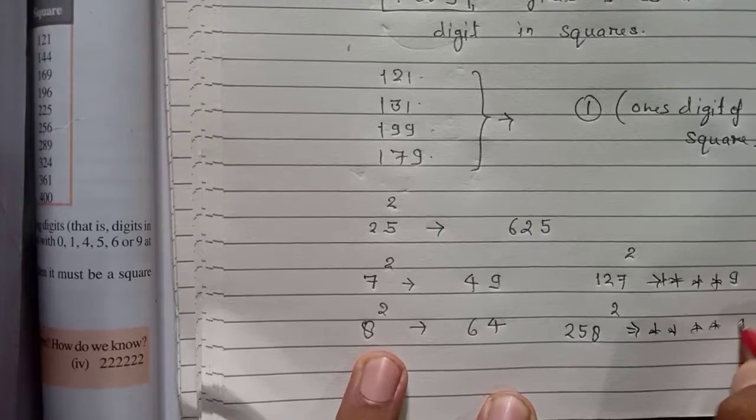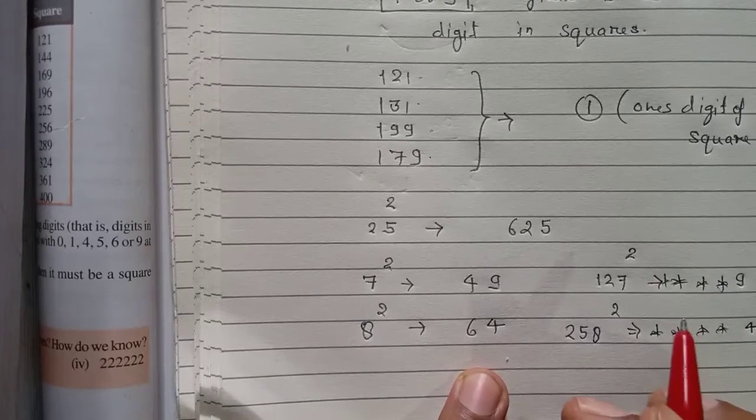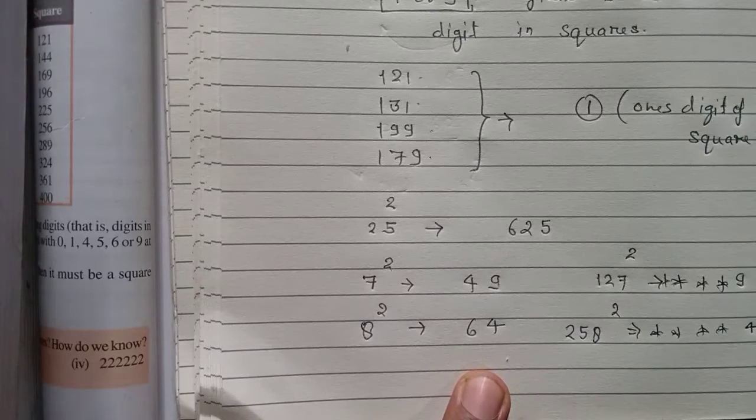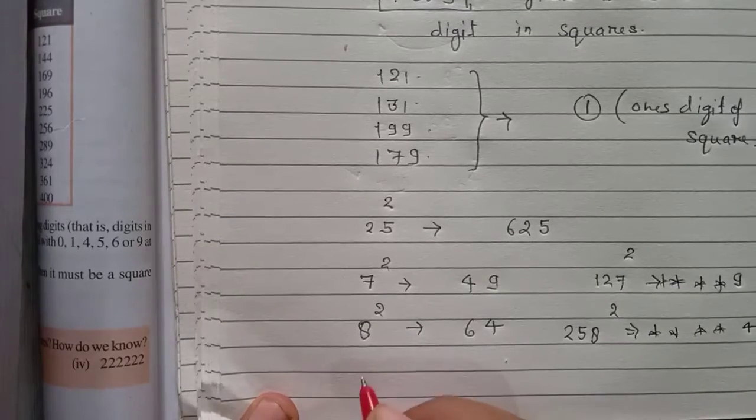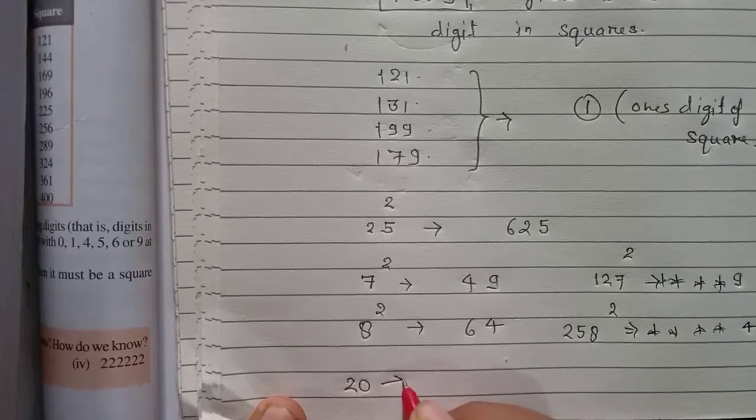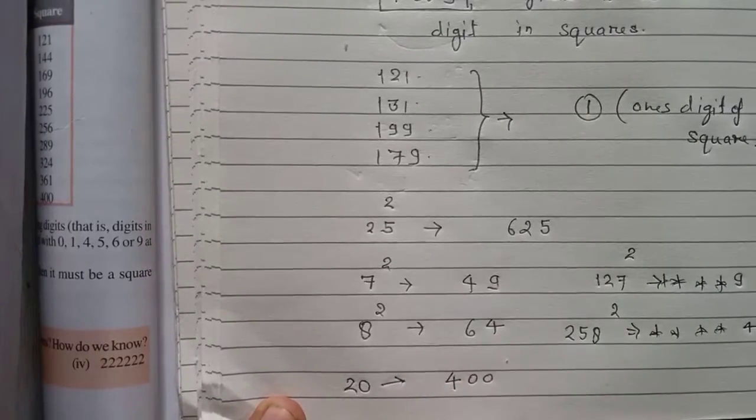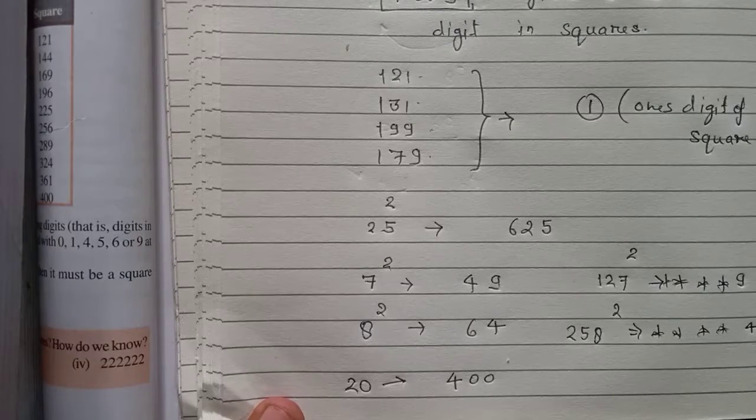That is definitely sure. So any number which ends with 8 will keep 4 as ones digit in a square of it. What if a number ends with 0? Means if you have 20, the square is 400. So if a number keeps 0 as ones digit, the square of that number keeps 0.